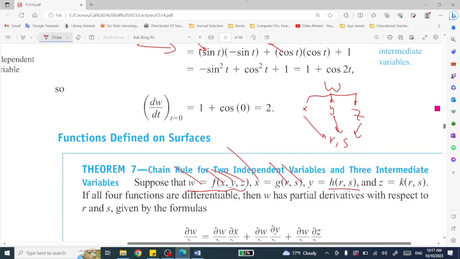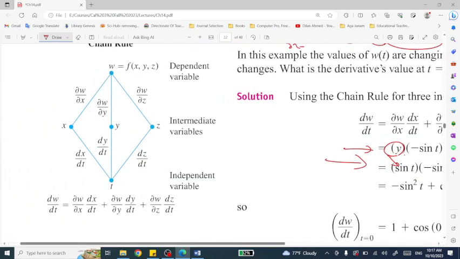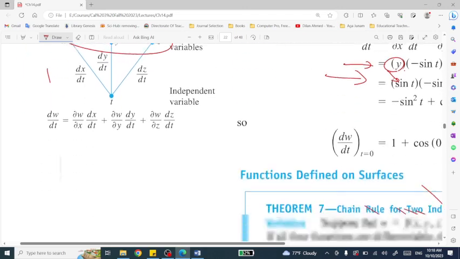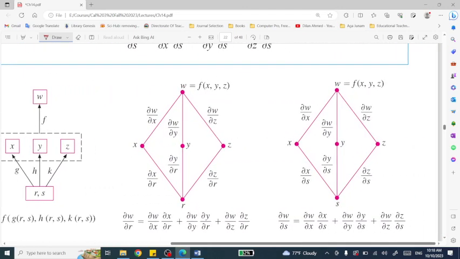In the previous one, x was only in t, y in t, z in t, right? So w has 3 variables, 1 2 3, but all of them depend on 1 variable. So you can say 1 3 1. Am I right? But now I have 1 3 2. Clear?